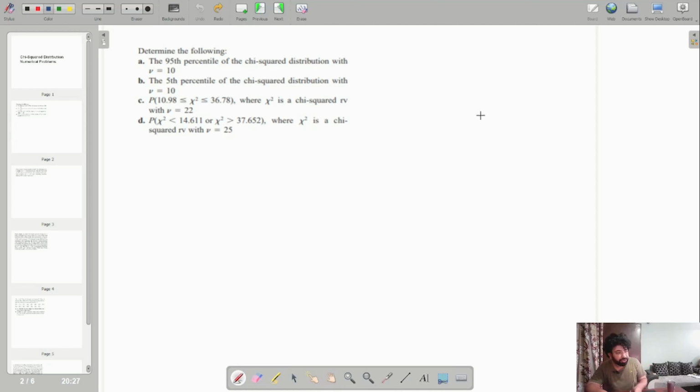So if I just show you graphically how does it look like, I will have this as a chi-square distribution, and here somewhere I will have the 95th percentile.